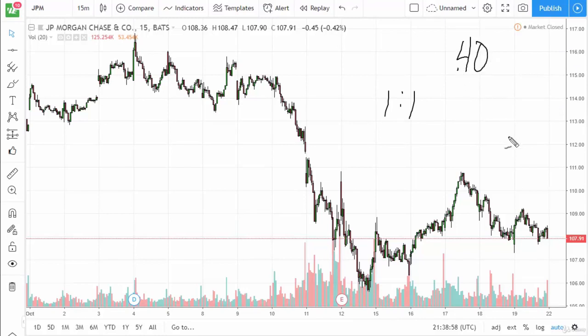So I'm risking 40 cents on the 5-minute chart. Well, once I'm up 40 cents, at that point, I'm at break even. There's no point in losing because you are at 1-to-1 there. And then I just simply drag my stop loss along with me, maybe moving up every 10 cents or so.